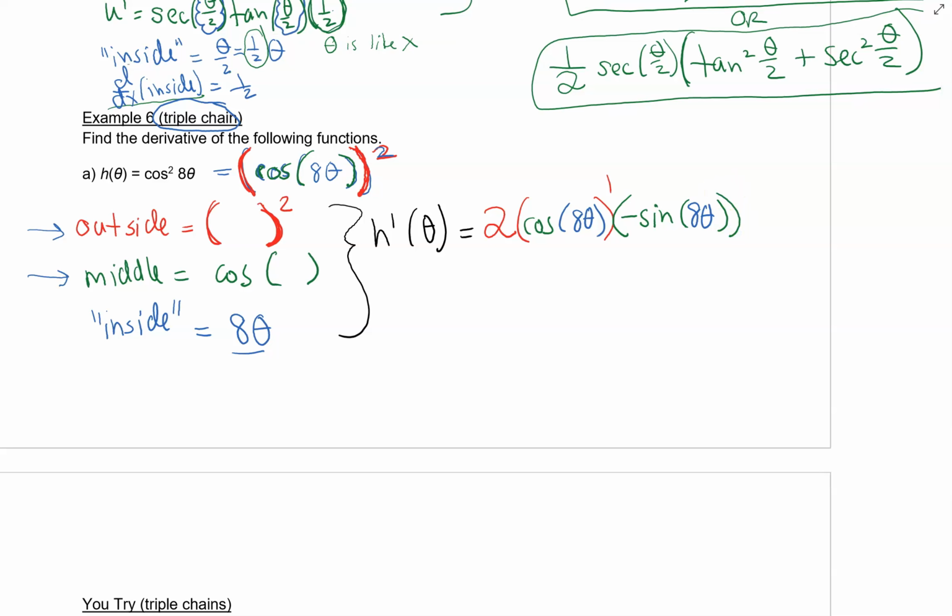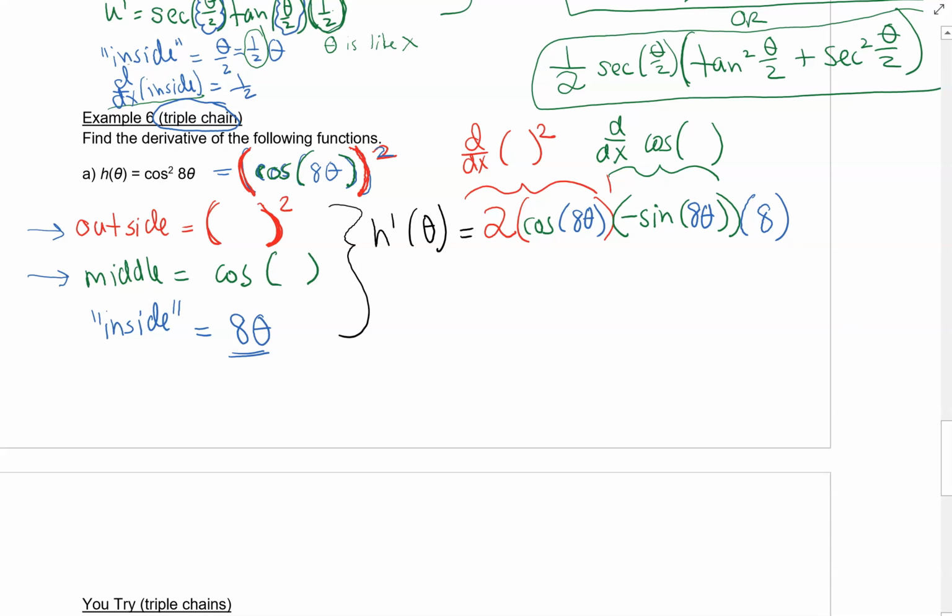And then finally at the end, I'm going to multiply by the derivative of 8 theta, which is 8. So this part right here, that was the derivative of something squared. It was using a power rule. This middle part was the derivative of cosine of something.